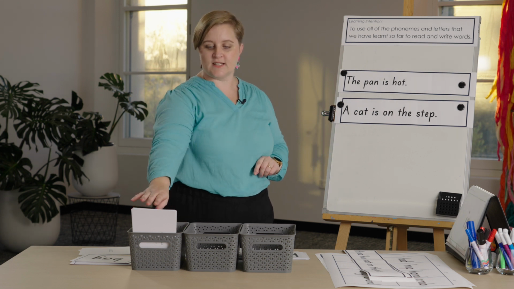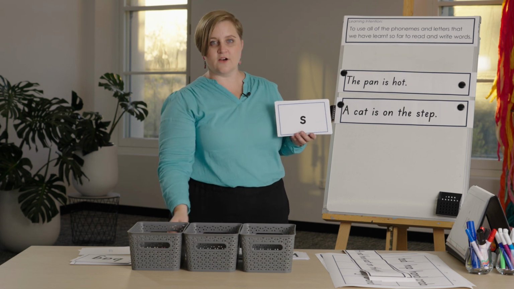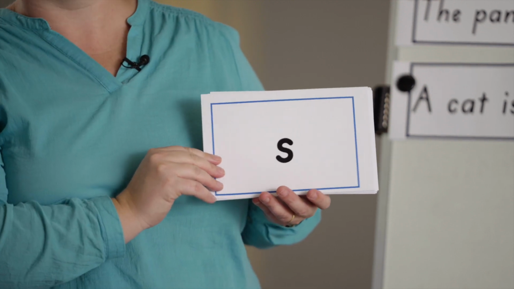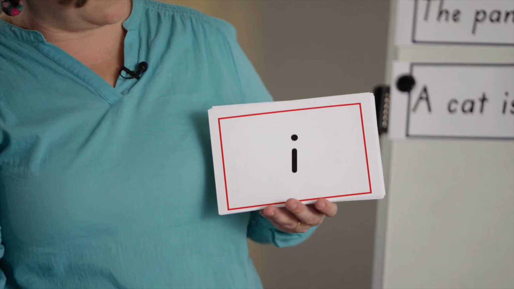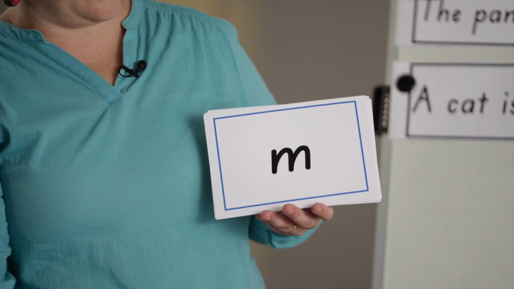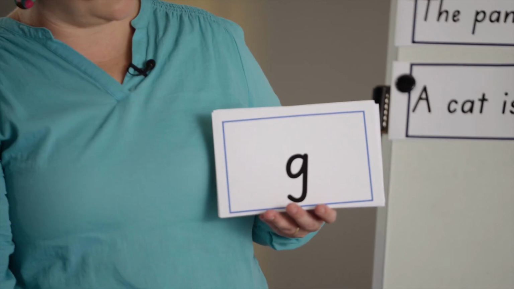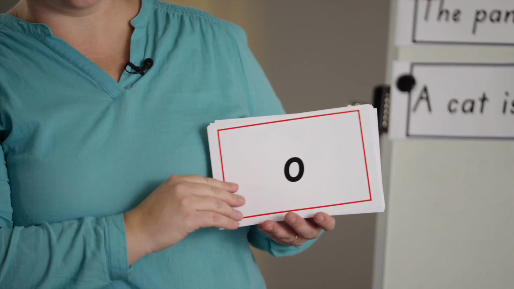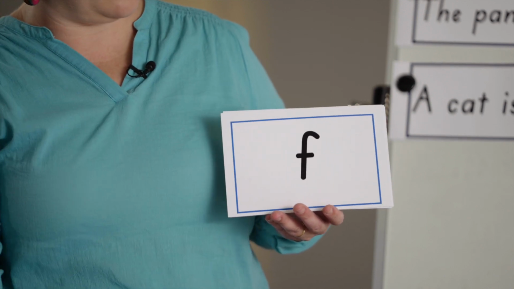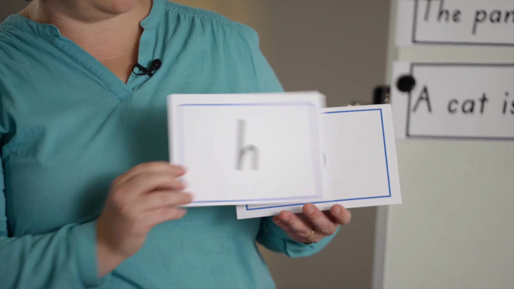Before we finish the lesson today, I have some of the graphemes that we have learnt. When you see the grapheme, I want you to say the phoneme that these graphemes represent. Are you ready? S, t, i, a, p, d, n, g, o, k, r, f, e, b.